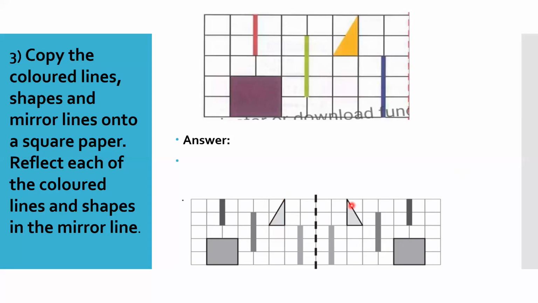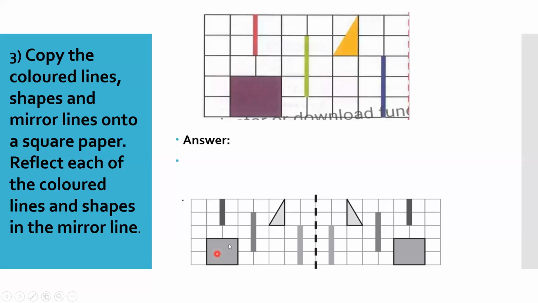So we can see here, this side flips towards this particular side. So this is the reflected image of the triangle in the mirror line. Now what about this square?